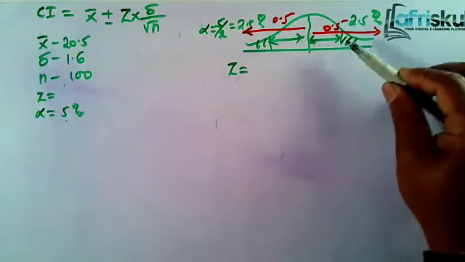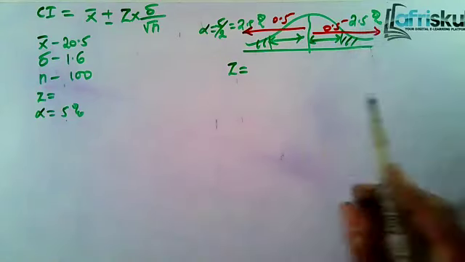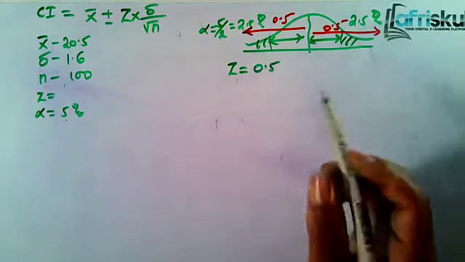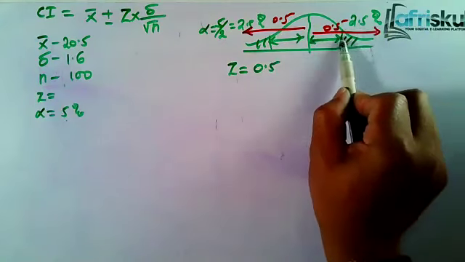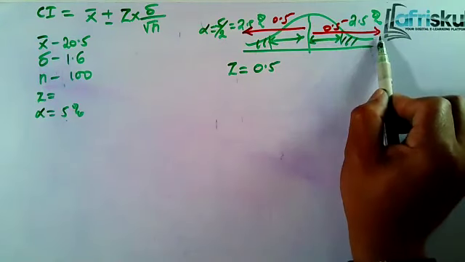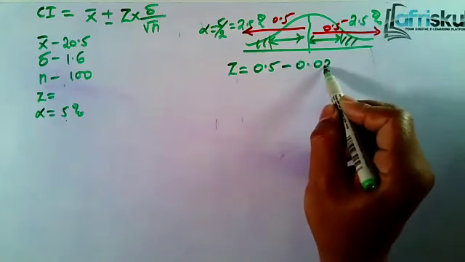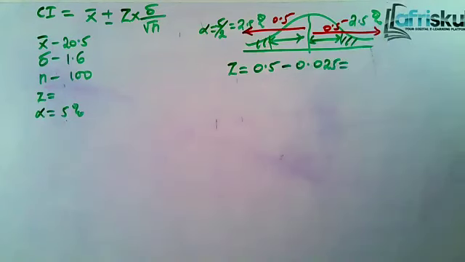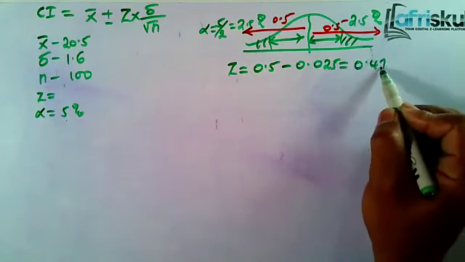Already given, the probability of rejecting at this significance level is 2.5%. So you take 0.5, the whole of this part, and eliminate this probability of rejection, 2.5%, so minus 0.025. How much do you get? You get 0.475.